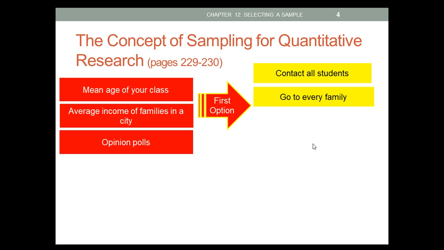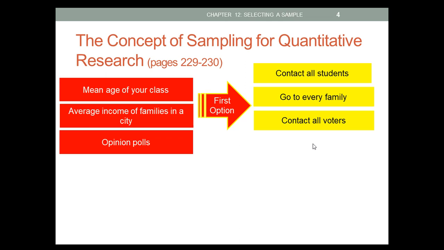And then you get the answer. That is the average income. For the third research topic, you can contact all voters and ask them about their political preferences, and you can predict the final election result.